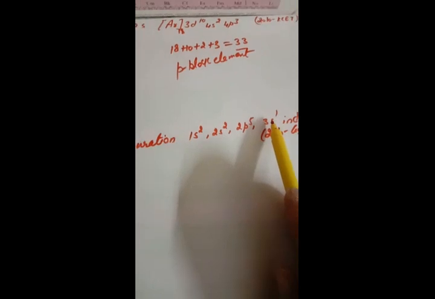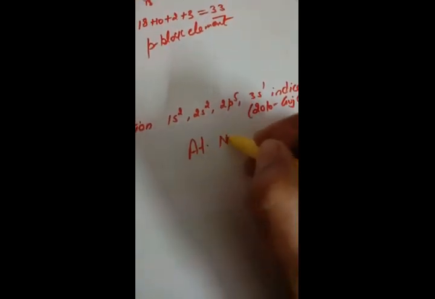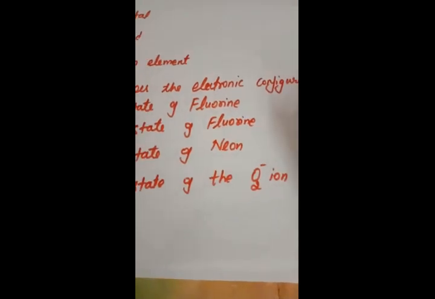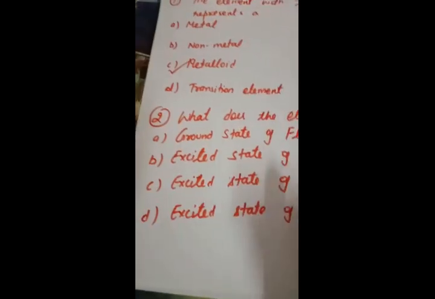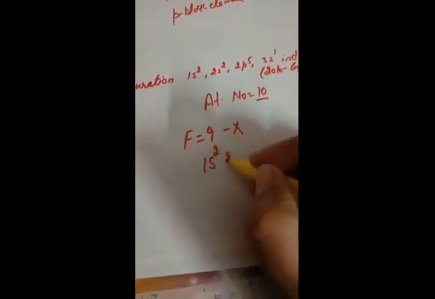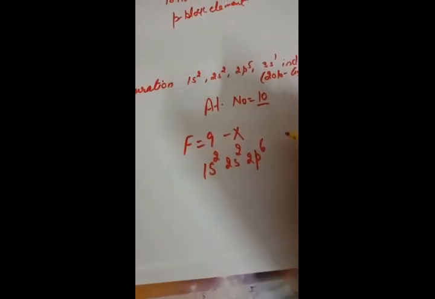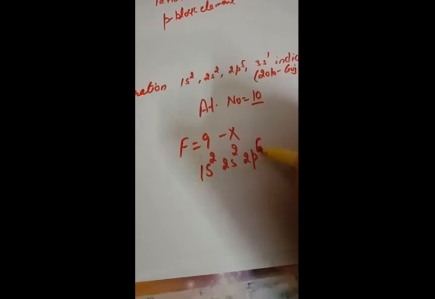It means that it belongs to atomic number 10. Now first of all we'll see which option is wrong. Atomic number is 10. You know fluorine's atomic number is 9. It means it's not an excited state of fluorine. If I write the configuration for fluorine, 1s2, 2s2, 2p5, because it's 9.